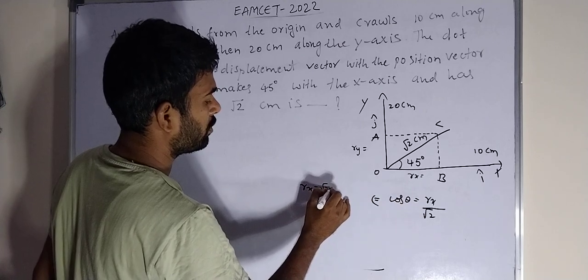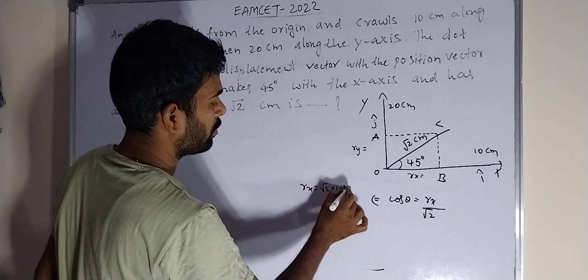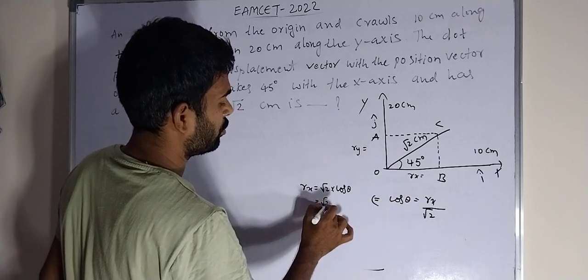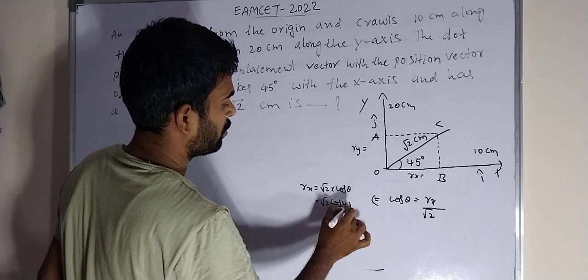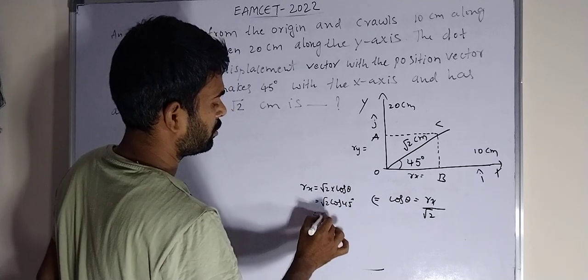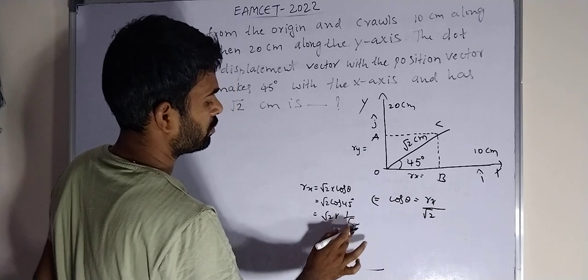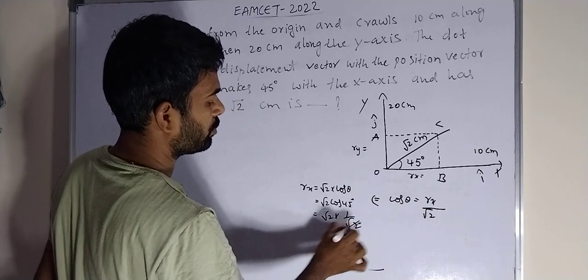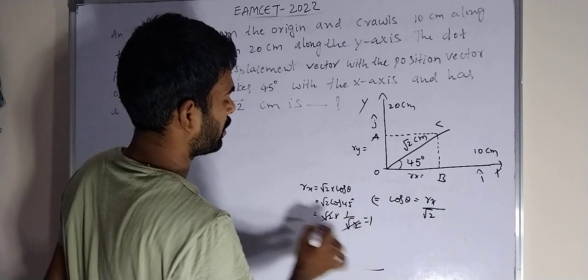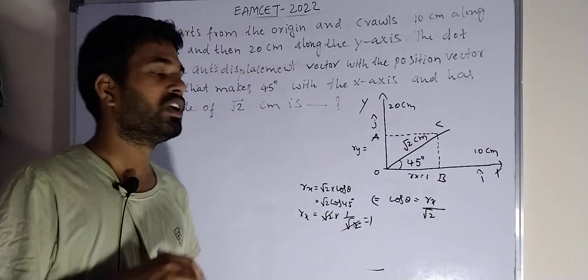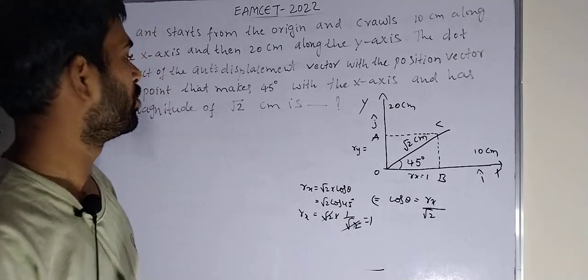Theta means 45 degrees, root 2 cos 45 degrees. Cos 45 value is 1 by root 2. Root 2 cancels, Rx is equal to 1. Coefficient along x-axis, Rx is equal to 1.